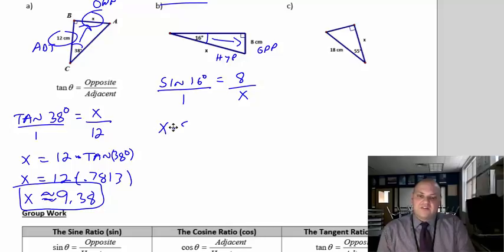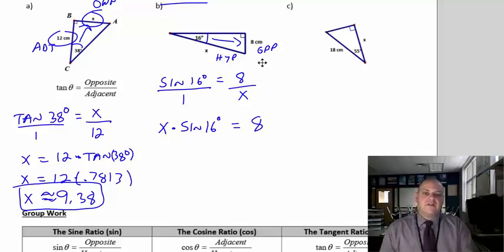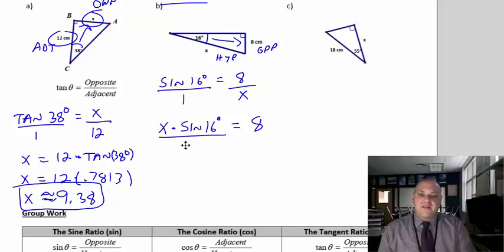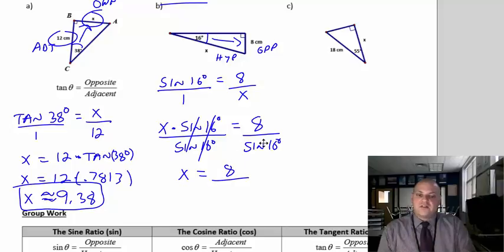X times the sine of 16 degrees equals 8 times 1, which is 8. So again, just cross multiply like any other proportion, and then divide by the sine of 16. That cancels, right? So it's just going to be x equals 8 over the sine of 16.